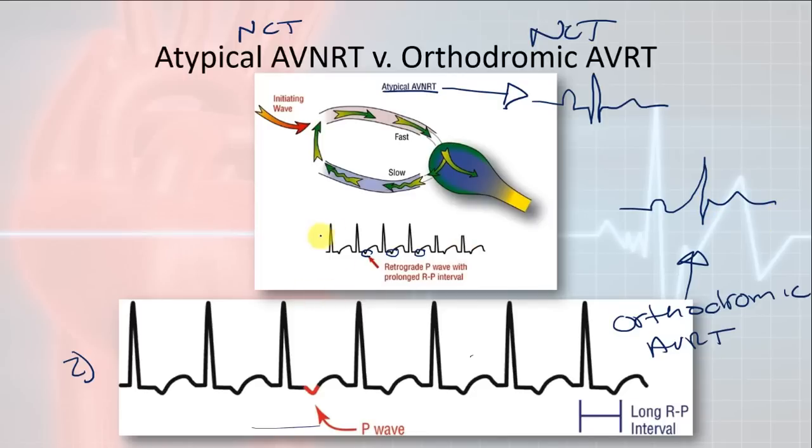So if you convert a narrow complex tachycardia and it becomes a delta wave in the QRS with a normal heart rate, it's orthodromic AVRT. If you convert the tachycardia and you have a normal sinus rhythm without any delta wave, then you converted atypical AVNRT.